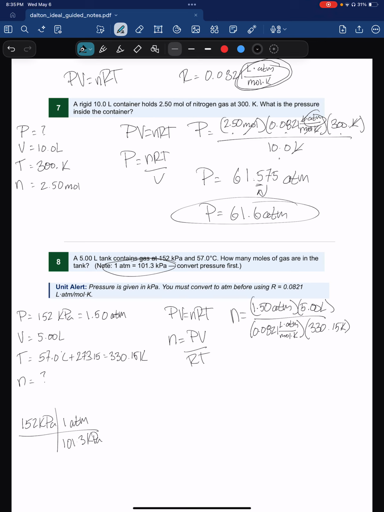1.5 times 5 divided by 0.0821 and 330.15.